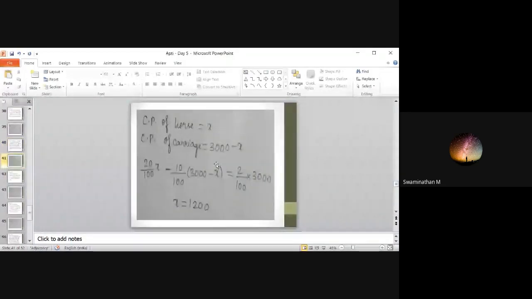Anyone still struggling to solve this one, or shall we proceed? Respond, guys. If you want me to repeat, I will repeat.